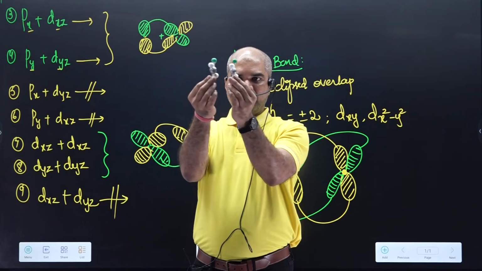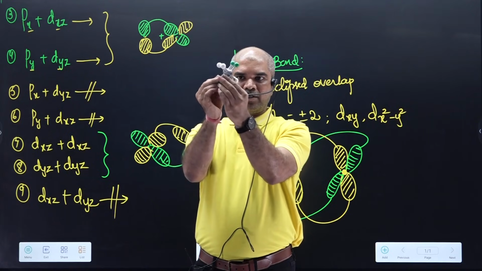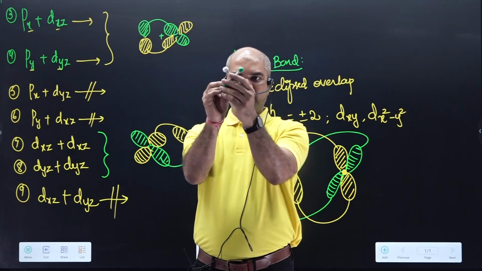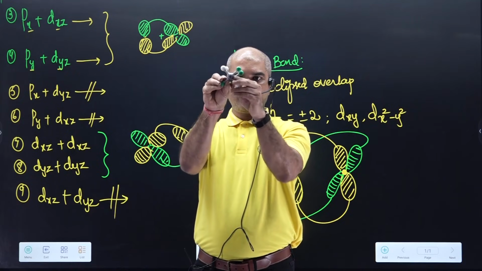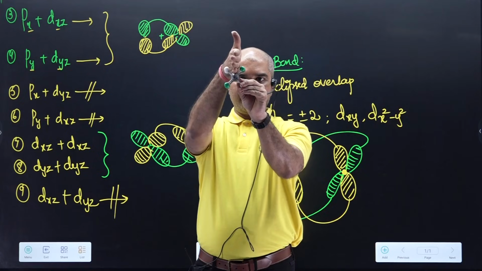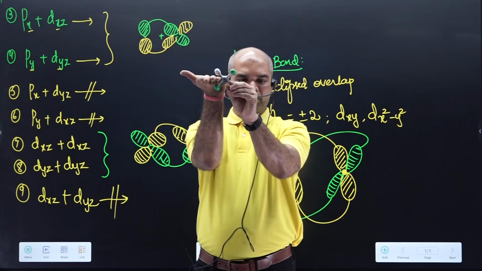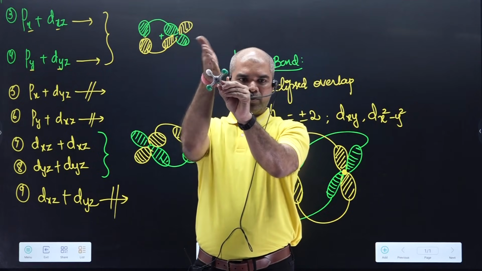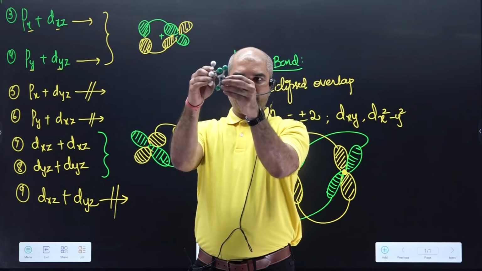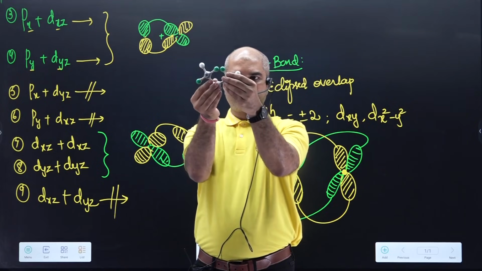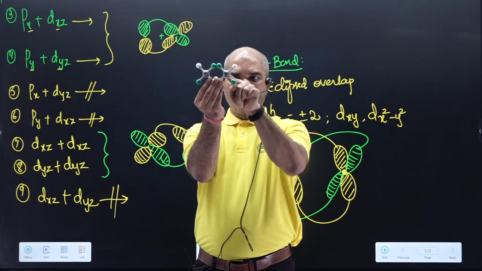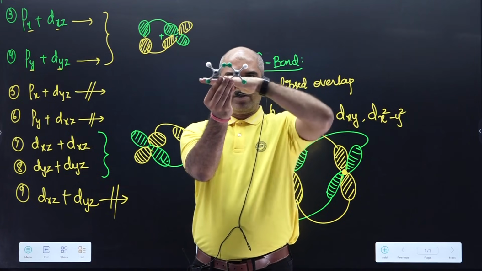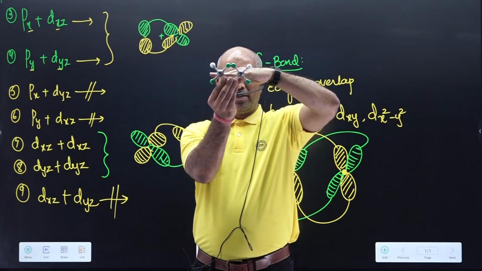So if this is the internuclear axis, now you can check along the internuclear axis how many nodes are there. This is one node, this is second node, two nodes. Suppose it is a pi bond, this is the internuclear axis. Along the internuclear axis there is only one node.